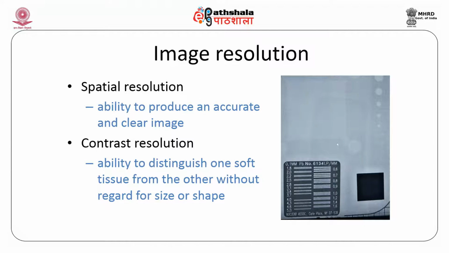Contrast resolution is the ability to distinguish one soft tissue from the other without regard to size or shape as seen in the image. We can see these white circles around showing the kind of contrast resolution, and there is one more small line pair pattern which is kept there, line pair per millimeter is written, that is for spatial resolution.